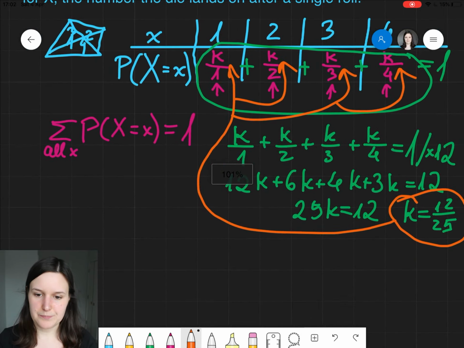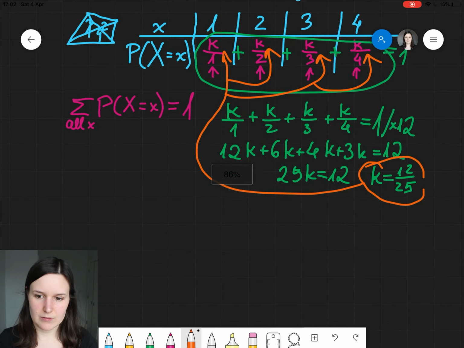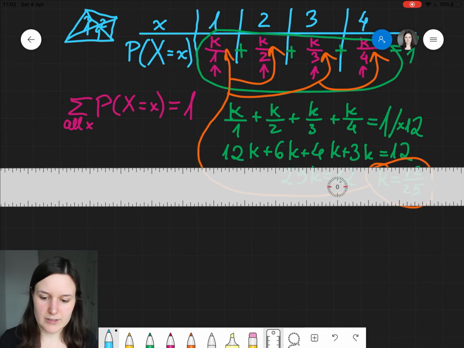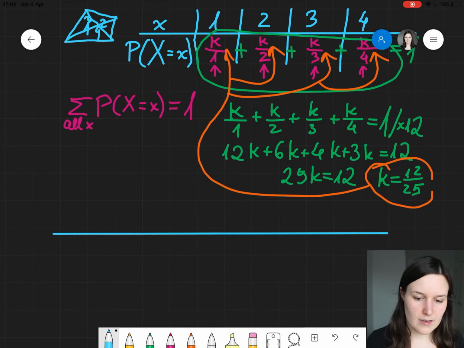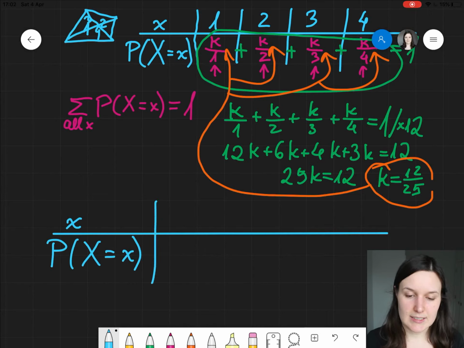Okay, let's do it then. We need a little bit more space, so I will scroll, and now let's prepare a new table with the probabilities. The probability that it landed on 1 is k over 1, so simply 12 over 25.